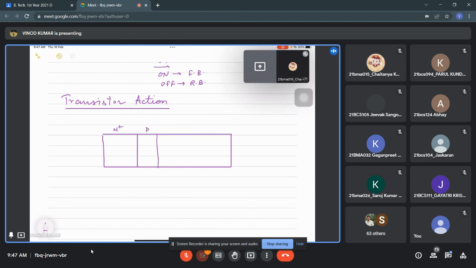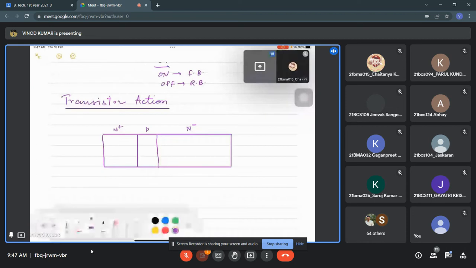This is N positive, this is P, and this is N negative because it is the collector. Now if we see this junction and this junction, right? I have to make it again.